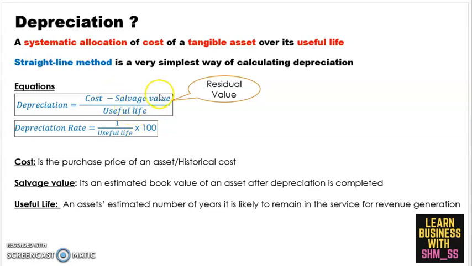This equation is going to be applied in the following questions. Next we will do a couple of questions to understand the straight line method of depreciation in a very easy and simplest way.